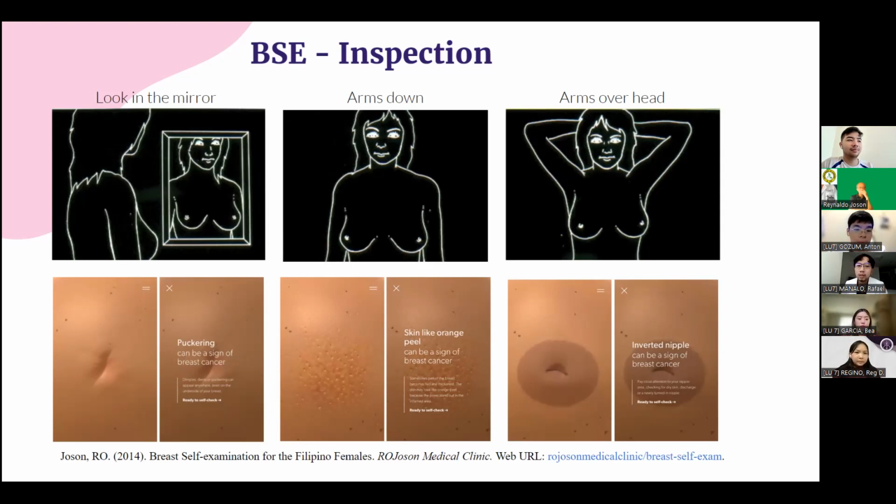For inspection, you can look at the mirror with your arms down, followed by your arms over your head to add tension to the ligaments to accentuate any kind of skin dimpling or any skin changes. And you look for changes in breast symmetry, changes in skin dimpling, orange peel appearances, or nipple inversions. Next slide, please.